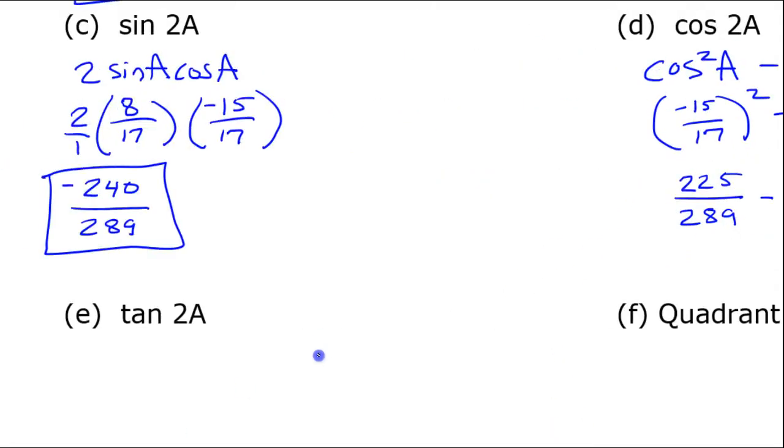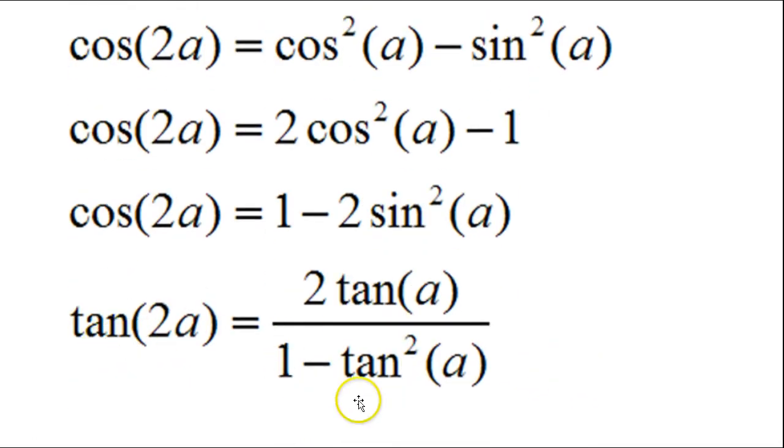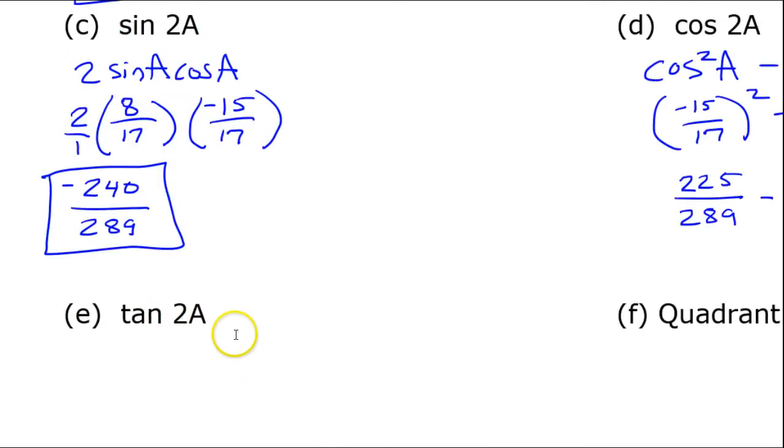Okay, now for part E, tangent. Now there is a double angle tangent formula, but I'm not going to use it because tangent is also sine over cosine. So what I could do is just do sine 2A over cosine 2A.